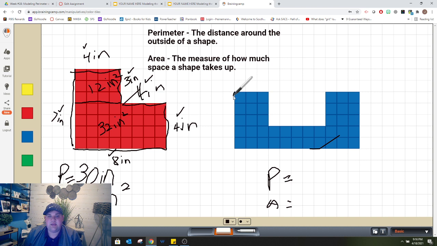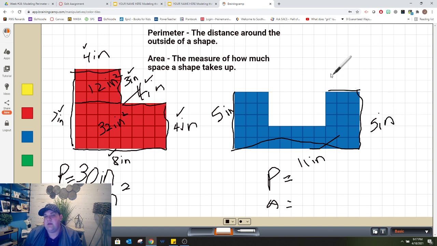All right, let's check it. So for this side, I know there's 5 inches. Then all the way across the bottom, 1, 2, 3, 4, 5, 6, 7, 8, 9, 10, 11 inches. And again, I'm adding together all of the sides because that's how many inches it would take to get around the shape. 1, 2, 3, 4, 5.